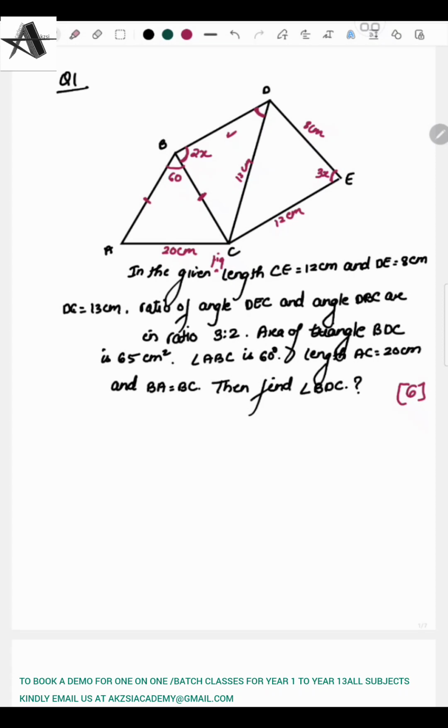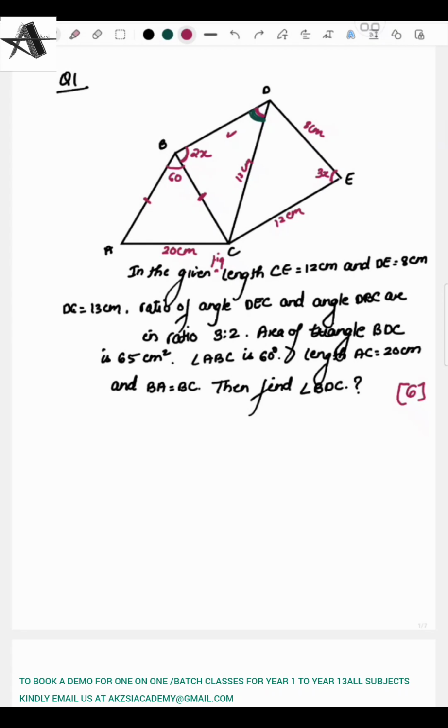Then find angle BDC; let me mark it with green so that we know we have to calculate this one. There are so many things given and we don't know exactly where to start. So let me start from here, because it seems we have sufficient data here: 3 sides are given, so definitely it will help us calculate the angle.